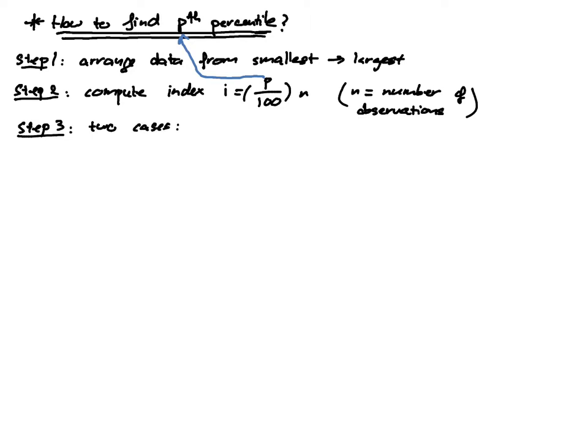So in the first case, if I is not an integer, then you want to round I up to the next whole number.